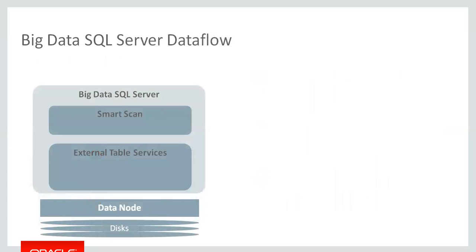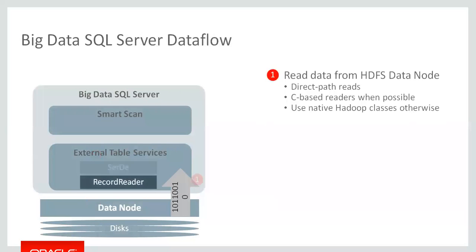So, let's zoom in on a Hadoop node and how it looks. You have a data node, and you have a Big Data SQL server, which internally has two sub-processes: Smart Scan, which we took from Exadata, and external table services, which reads any type of data and transforms it into some structure, into Oracle format.